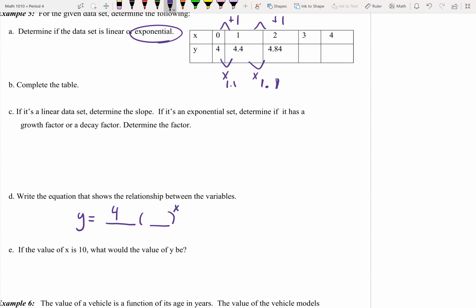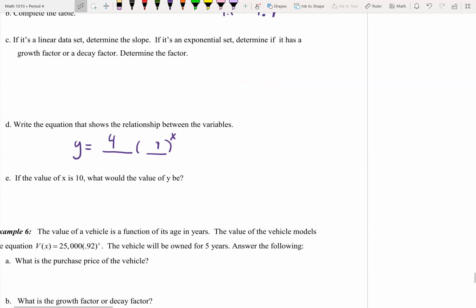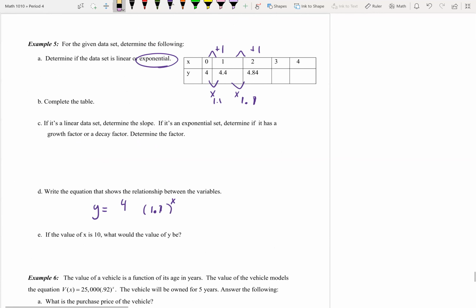So I know I'm multiplying by 1.1 every time. Who says I understand that? Okay, the 1.1 is your growth factor. So that goes there. There's your equation. Of course, you don't need all those underlining things, right? But that's your equation.